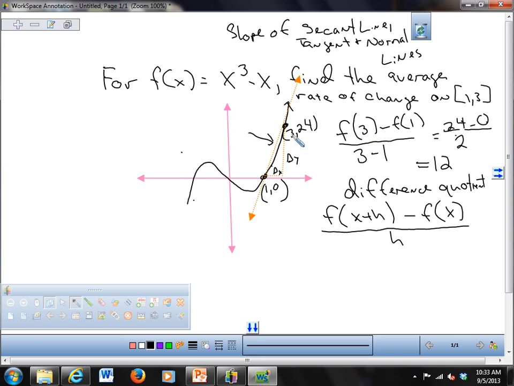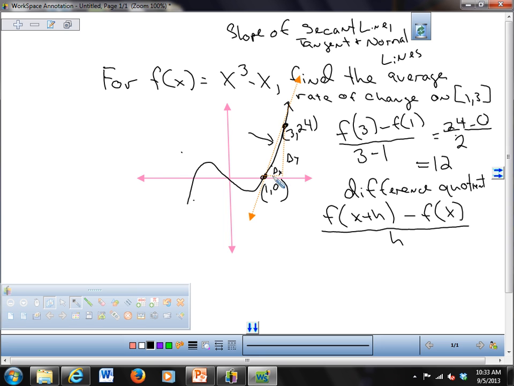So in this case, this is f of x plus h. This would be f of x, right? And this would be f of x plus h. This would be f of x. This would be x plus h. And this would be x, right? Where h is equal to 2.